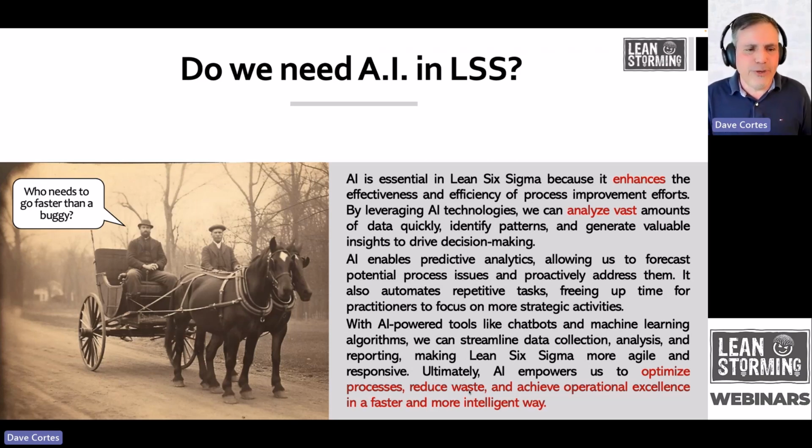We have to ensure that we are applying the best we can do to add value to the teams that we are at. By design, Lean Six Sigma wants to optimize processes, reduce waste, and achieve operational excellence faster and faster, right? Because of that, our team believes that we can leverage any technology, not only AI, but other technologies to make us better, more effective in the day-to-day operation of Lean.